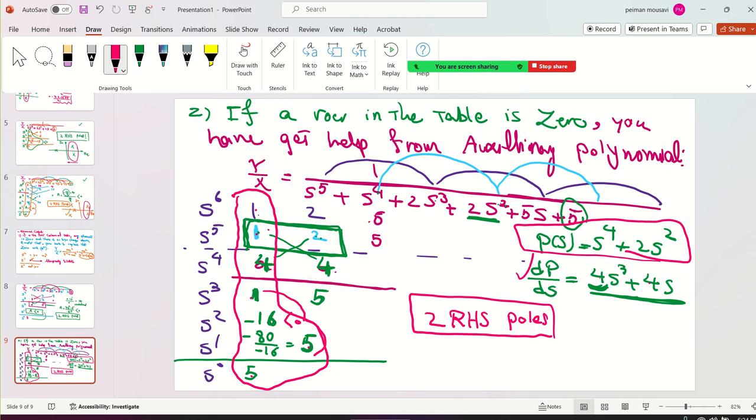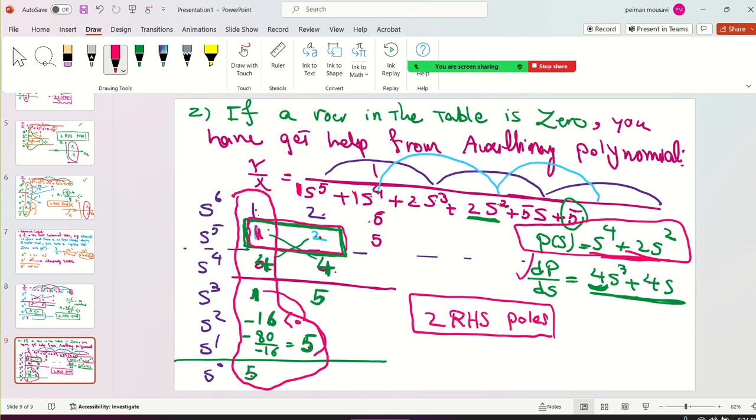Okay? So, S5, S cubed. Again I'm repeating. 1, 2, 5. Second line, 2, 5, 0, 0. We put here 0. I mean 2 minus 2, 0, 0. 5 minus 5, 0. But we stop here. So we go to the upper line. This one comes from S4 and these two coming from S squared.